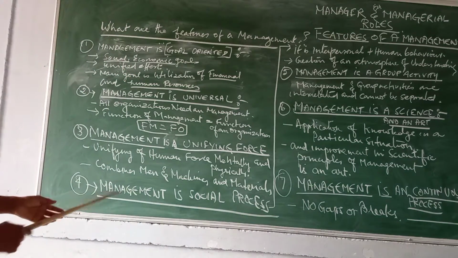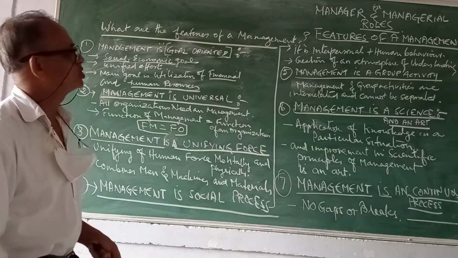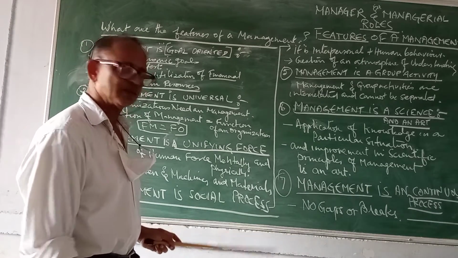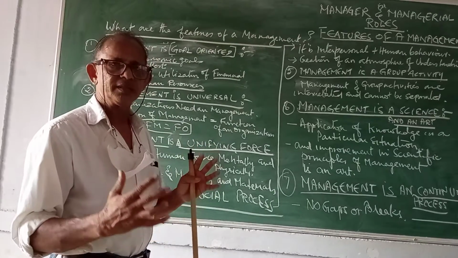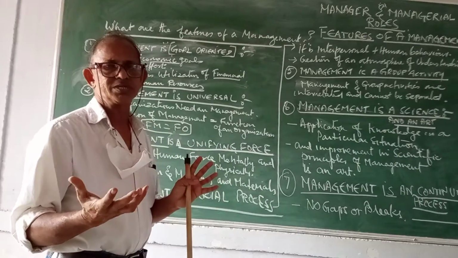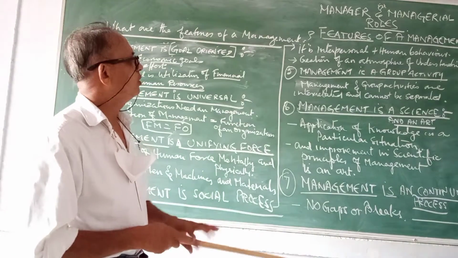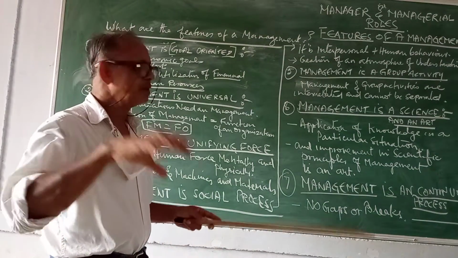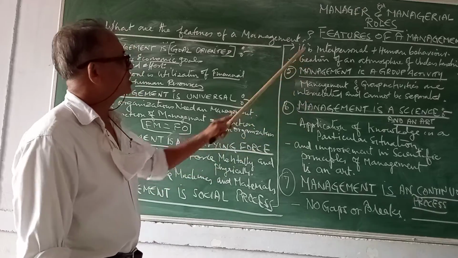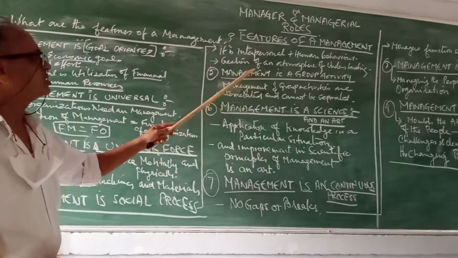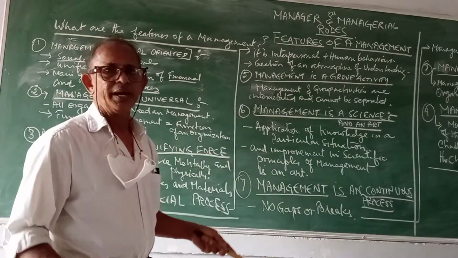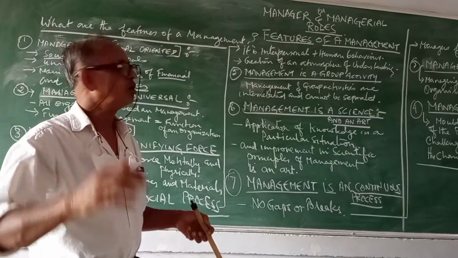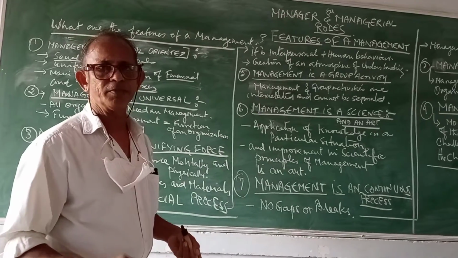Then the fourth point, management is a social process. It is a social process because it is human behavior that decides whether management will be successful or not. From the point of view of human behavior, what I would like to explain is that management tries to develop the interpersonal skills of an individual, and at the same time it also improves human behavior.